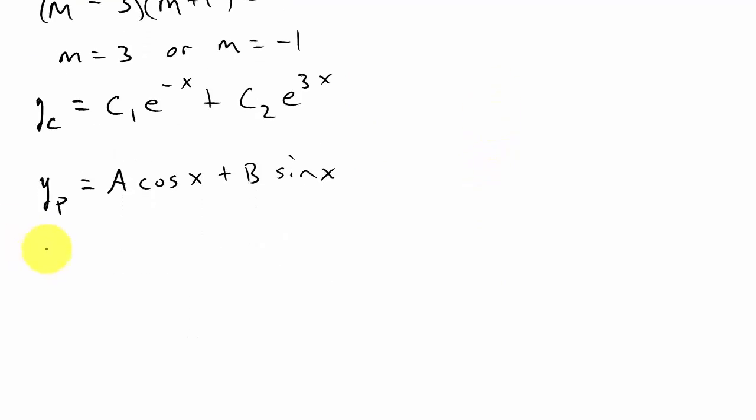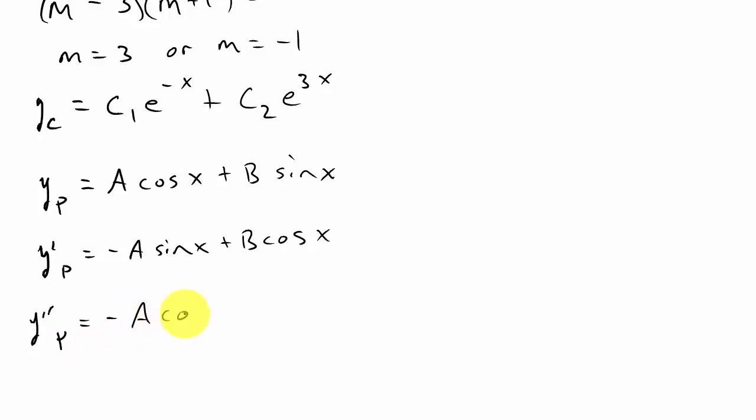So y prime sub p is equal to negative a sine x plus b cosine x, and y double prime sub p is equal to negative a cosine x minus b sine x.